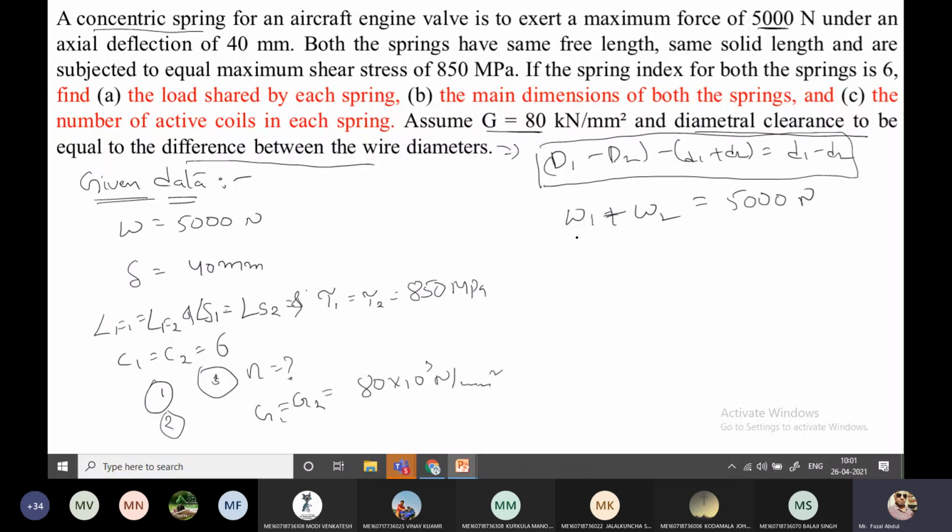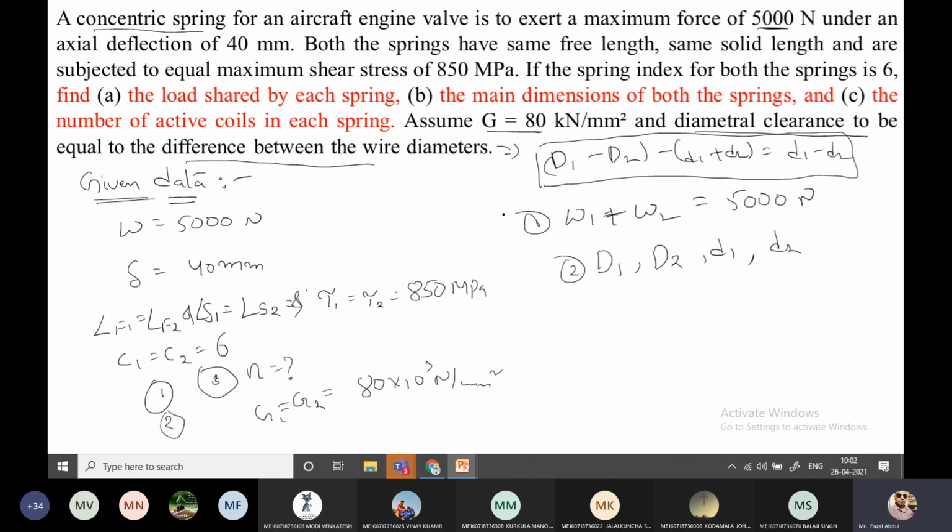That is the question. Now the second question is the dimensions. To calculate dimensions, let D1 be the mean diameter of spring 1 and D2 the mean diameter of spring 2. d1 is the wire diameter of spring 1 and d2 is the wire diameter of spring 2.